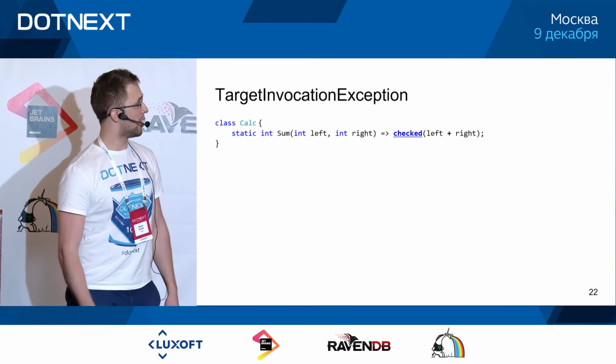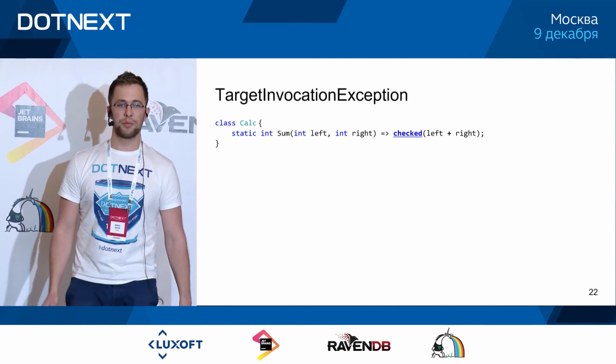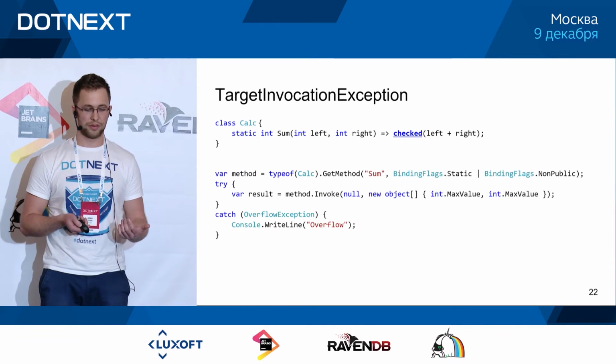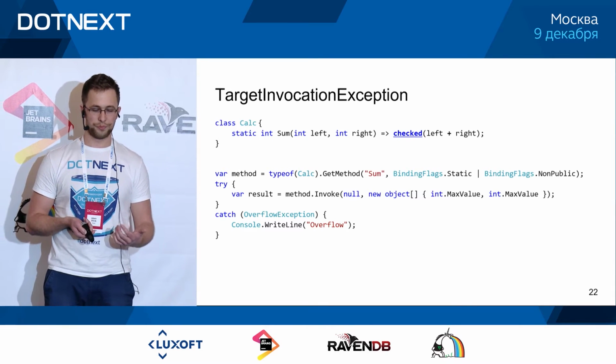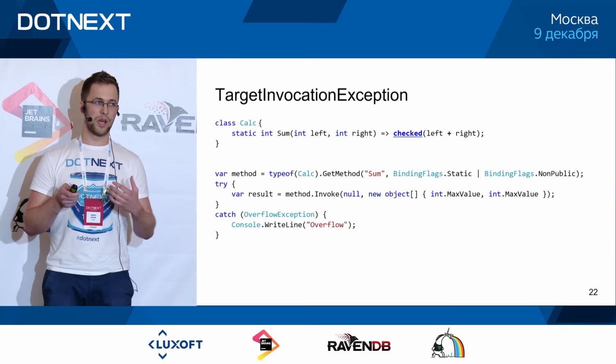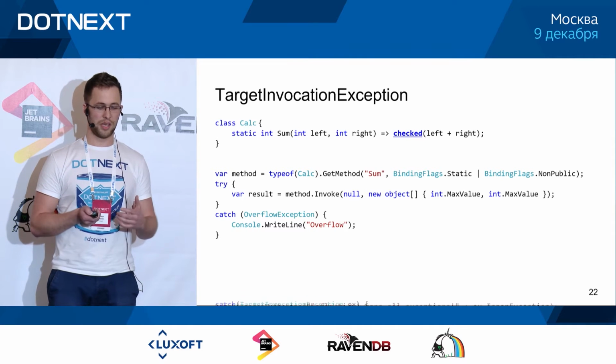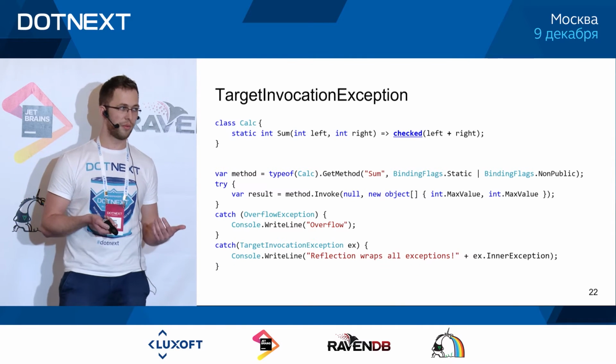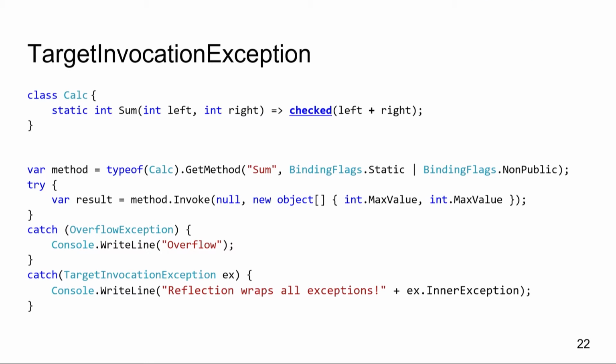Okay, now reflection. Sometimes we need to invoke a method with reflection. But the problem is that reflection wraps any exception in TargetInvocationException. So if you have some GitHub code and you would like to use some internal method and this method throws some exceptions, then you don't prepare for those, but only for the TargetInvocationException, and then you need to unwrap it first before you can handle it.